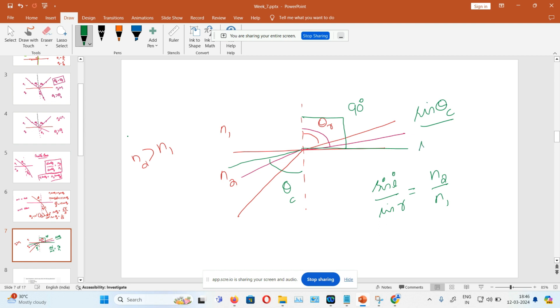Then sine R is sine 90 degrees, equal to N2 by N1. What will be sine 90 degrees? Sine 90 degrees will be 1. So sine theta c is N2 by N1.